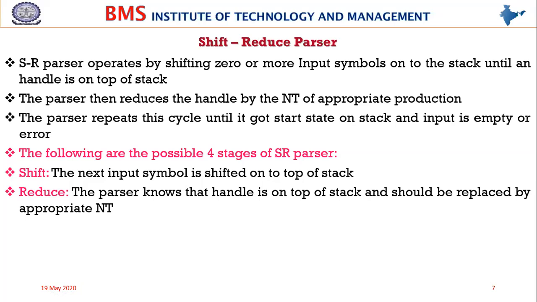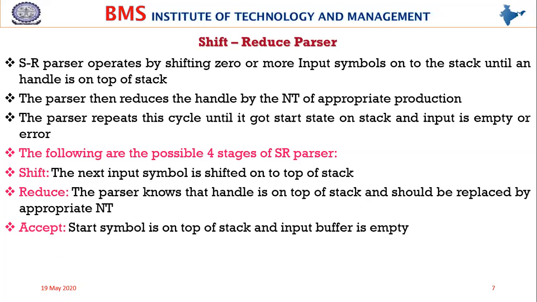Just like earlier, we had an ID and we replaced it with F. We had T into F and we replaced it with T. All these examples are reduce actions. The next is accept. When we have the start state on the stack and the input is empty, then we call it the accept state.